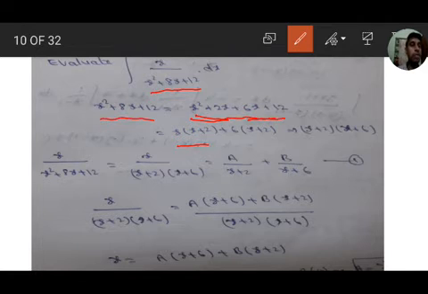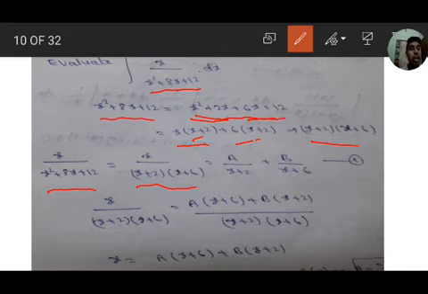In the next two terms, 6 is common: 6 into (x plus 2). So x plus 2 is common, and we get (x plus 2) into (x plus 6). Therefore, x by (x square plus 8x plus 12) equal to x by (x plus 2) into (x plus 6).